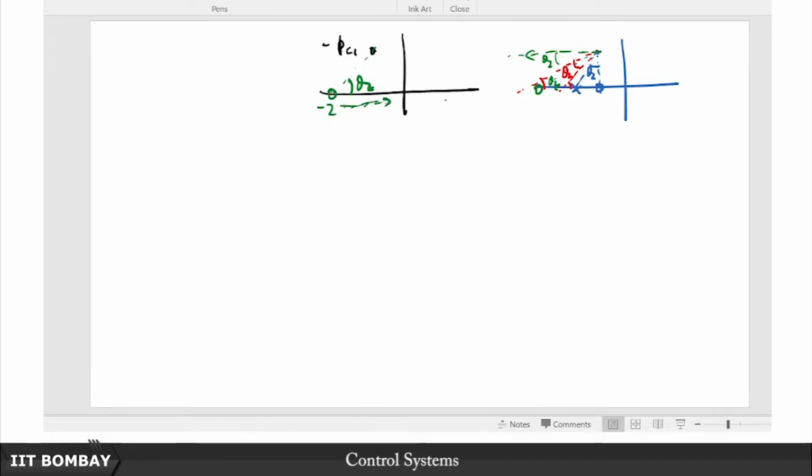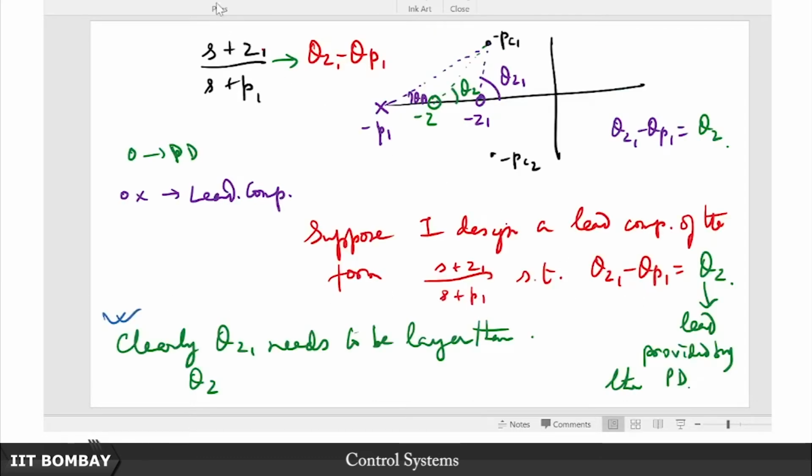Of course, we don't want to go to the right half plane because that will make it unstable. We don't want to place a compensator's pole in the unstable region. So this is R, this is JR. Any point within this zone is a potential point, and I can meet the angle criteria safely by satisfying this condition. So this is how the lead compensator approximates the PD controller.